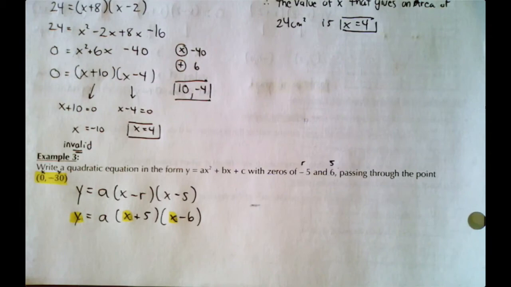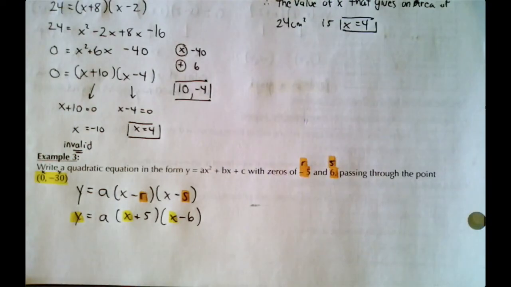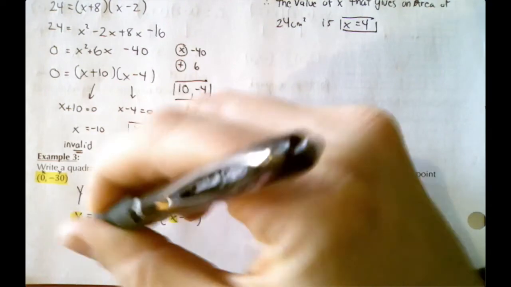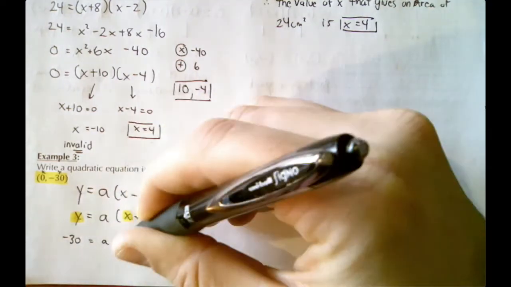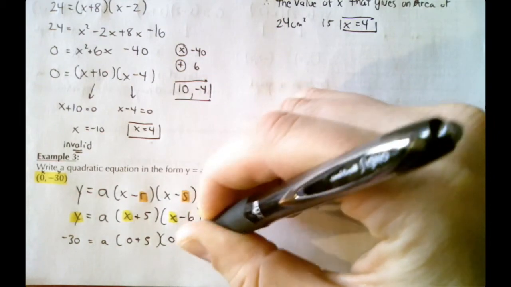We used our r and our s in our first step, and then we'll be able to find our a. So we got negative 30 for y. We don't know a. And we got 0 plus 5 and 0 minus 6.